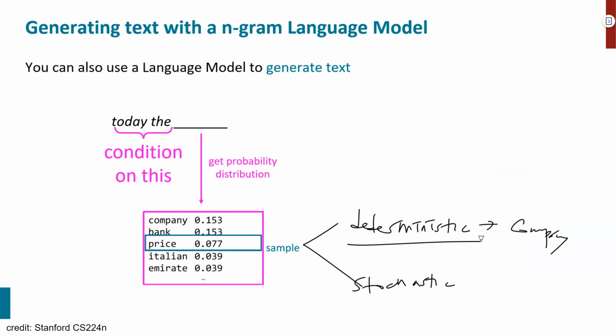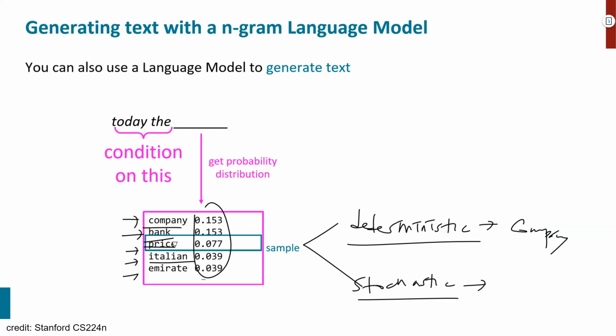However, if you follow the stochastic sampling approach, then we assign probabilities to these words according to this probability distribution, and following this distribution, we sample one word. So even though company and bank might have higher probability, we can still sample Italian or price.